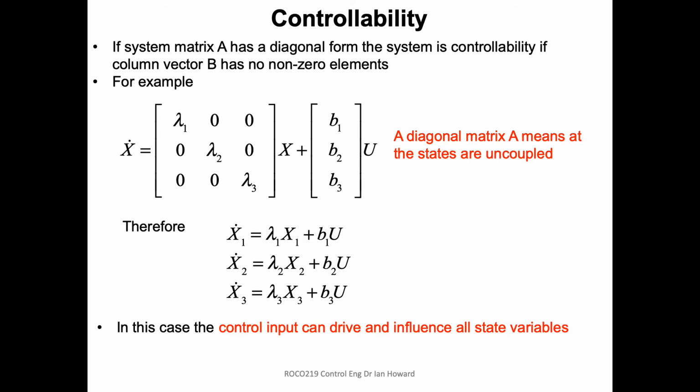What you can see in this particular case is that we can actually affect all of the states by the input u, right? Because we can affect all of the states, we can say that the system is controllable.